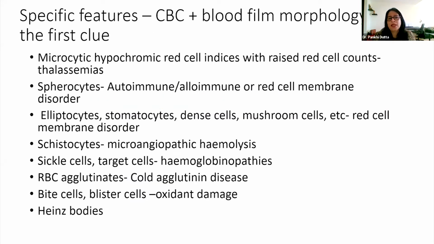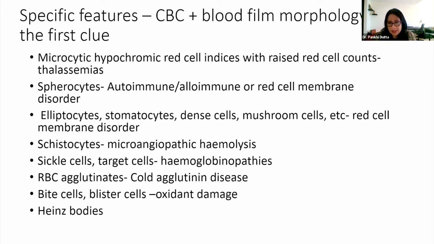Besides these, one can pick up some specific features, which start actually with the CBC and the blood film morphology. Often the first clue comes from the blood film morphology. One cannot reiterate the importance of looking at the blood film morphology properly and carefully. From the CBC, we know that there is anemia. The indices may suggest that there is a hemoglobinopathy.